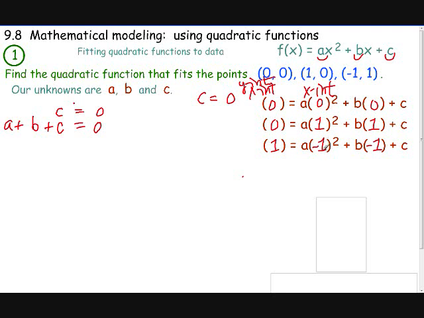If I square negative 1, that's right, I get a positive 1. So again, I've just got A. And negative 1 times B gives me, instead of a plus B now, a negative B. Nothing's happening with C. And that is equal to 1.